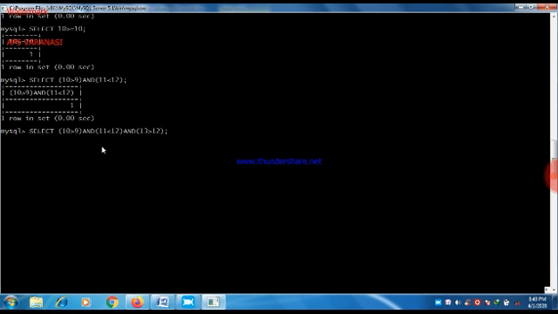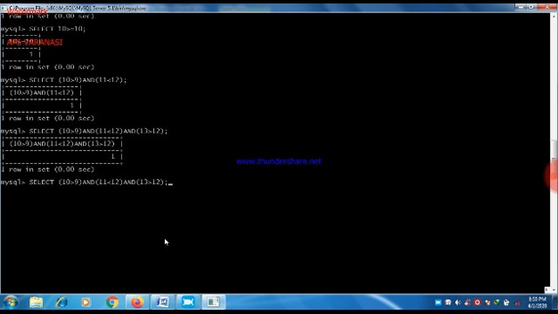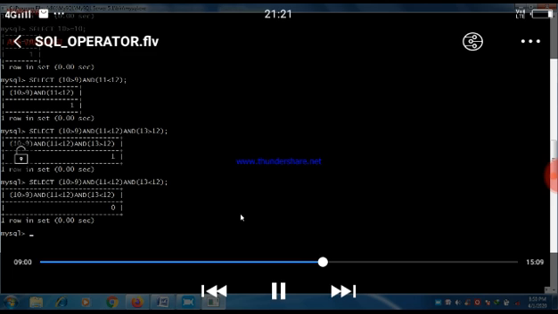The answer will be 1. So you can add two or more conditions using AND. And here let us take one condition false, then the answer will be false. If at least one condition is false, then the answer is definitely 0.